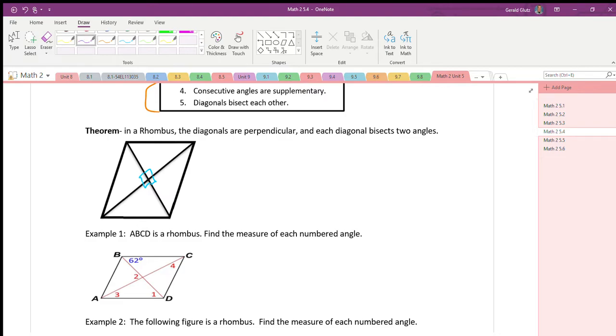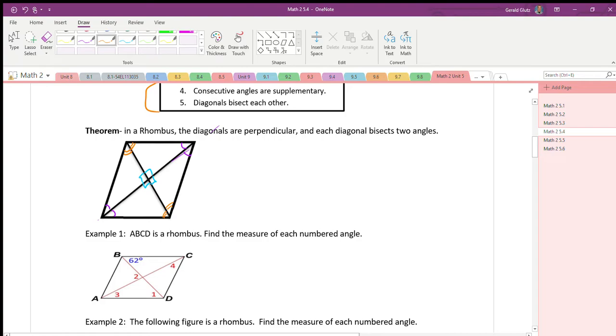And since this diagonal is also bisecting this angle right here, this angle and this angle have to be the same. This angle and this angle will also be the same. This diagonal is also bisecting this entire angle right here, so these two angles would be congruent as well as these two angles.